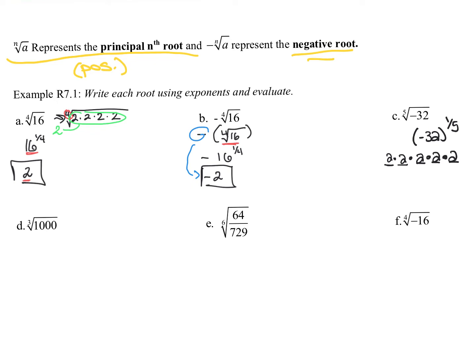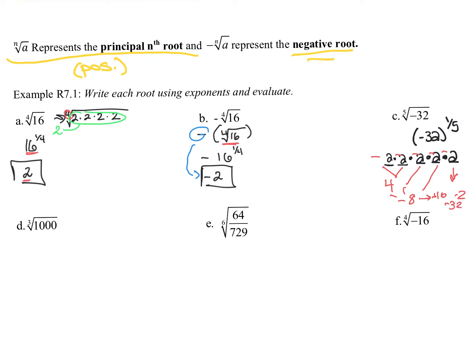But because it's a negative underneath, I have to make them all a negative. Because a negative times a negative makes a positive 4, times this negative 2 makes it a negative 8, times this negative 2 makes it become a positive 16, times the last negative 2 makes it become a negative 32.